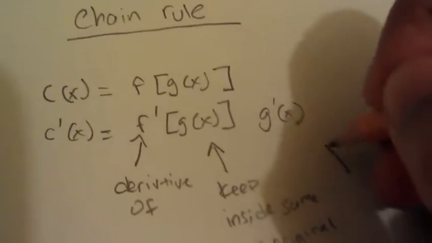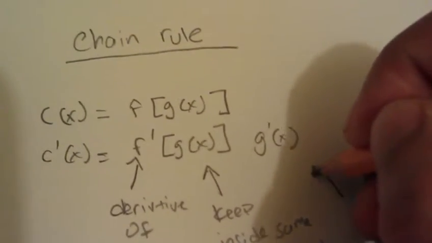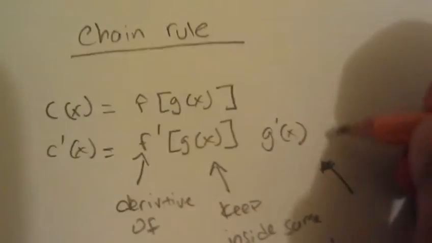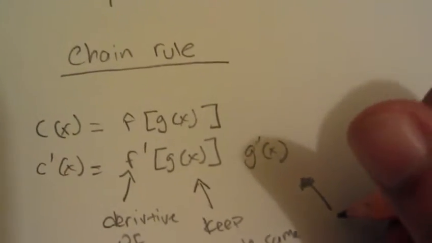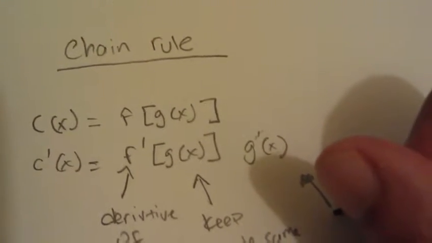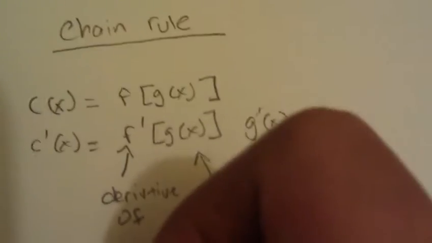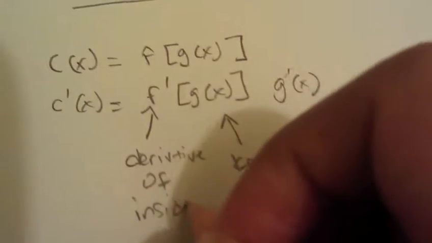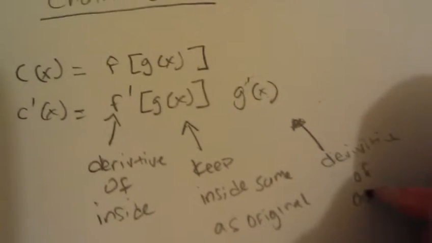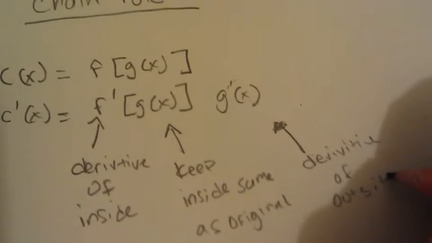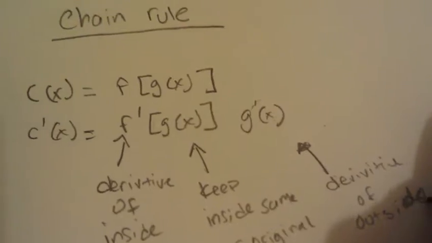Then the derivative of the inside, which is g prime. Oops, forgot to put inside: the derivative of the outside, times the derivative of the inside.